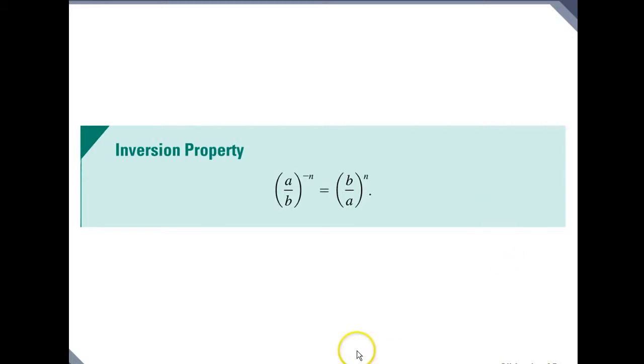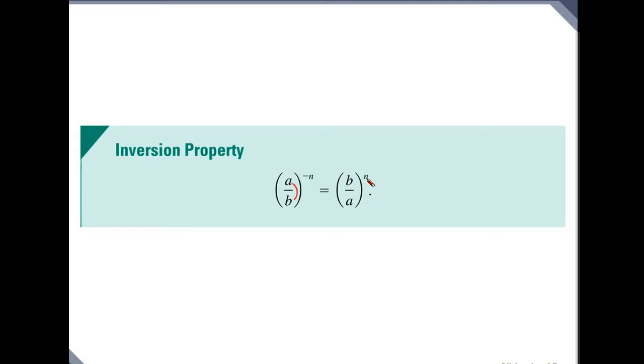Now, another interesting thing to note is when you have a fraction and it's to the negative power, if you take the reciprocal of what's in here, just flip it, the exponent then becomes positive.